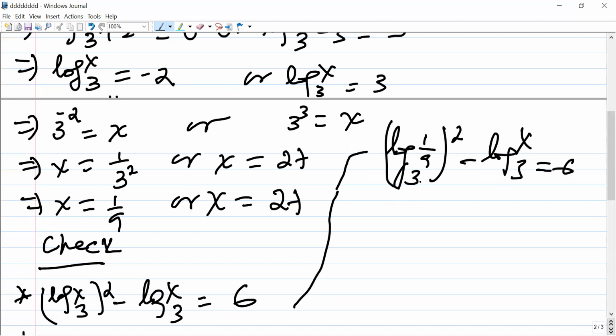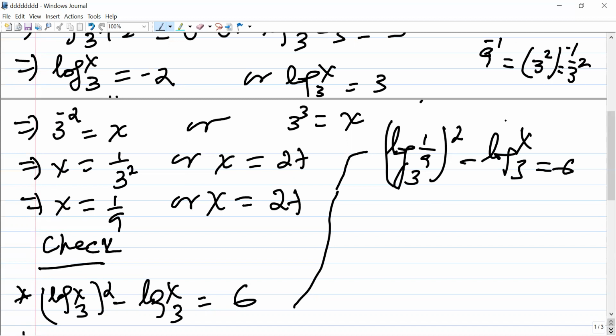Now 1 over 9 can be written as 9 to the power of -1. Here 9 is 3 to the power of 2, the whole to the power of -1, so 2 times -1 is -2. So 1 over 9 can be written as 3 to the power of -2.